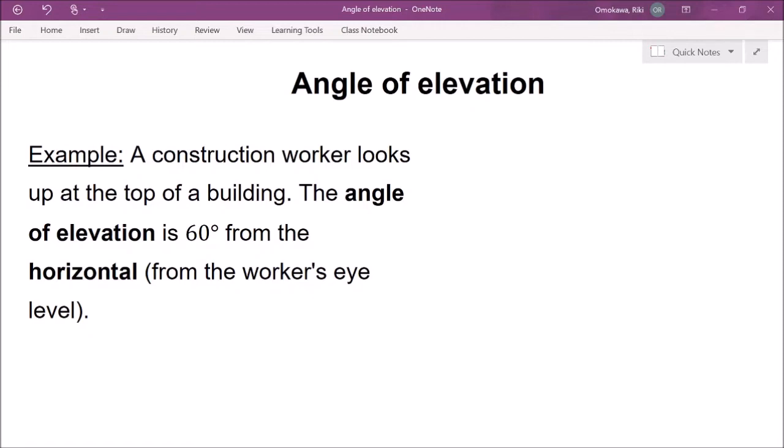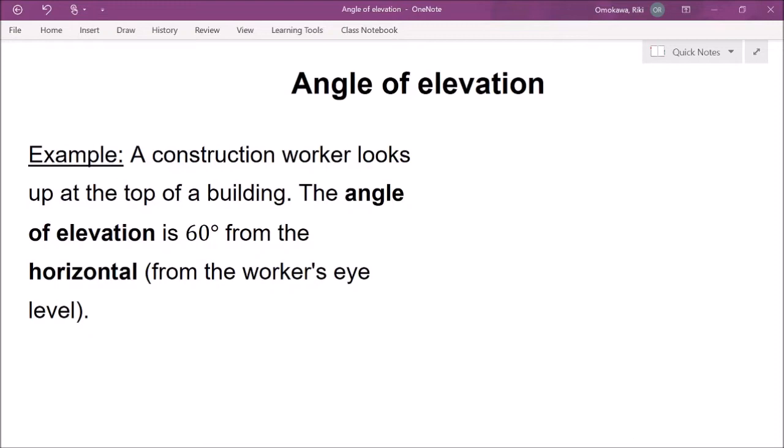Well, it's probably easier to illustrate. So here's an example. A construction worker looks up at the top of a building. The angle of elevation is 60 degrees from the horizontal, as in from the worker's eye level. In general, an angle of elevation is the angle that you're looking up at. What do I mean? In general, you're going to want to sketch these situations as a side view.